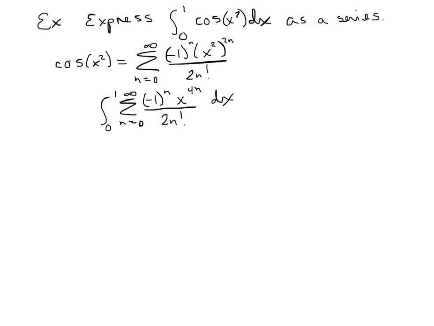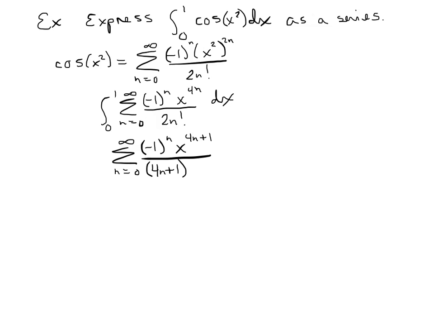So when we integrate it, the only thing that we have to look at are the x's. Everything else is a number. We are going to add 1 to the exponent of the x's and then divide by the new exponent.